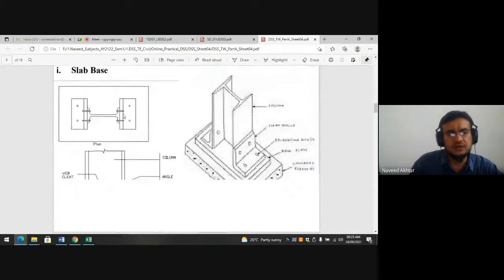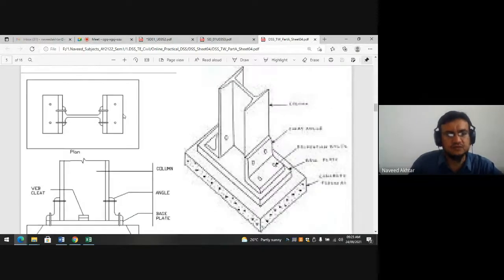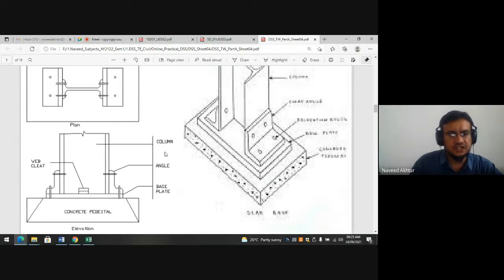So here we are seeing the different types of bases. If it is a slab base, you can see here only the base plate is there, and the base plate transfers the load to the column. So this is your column.